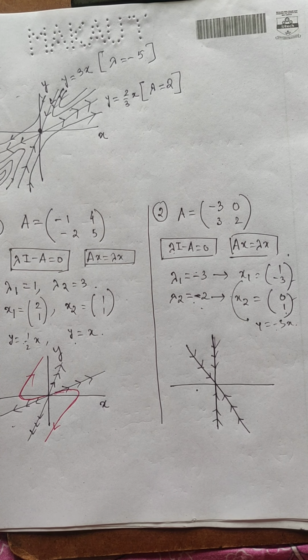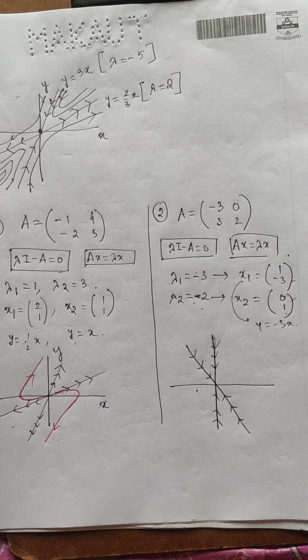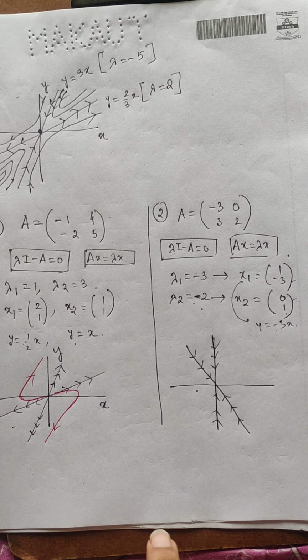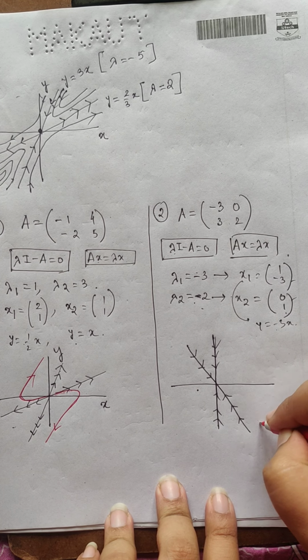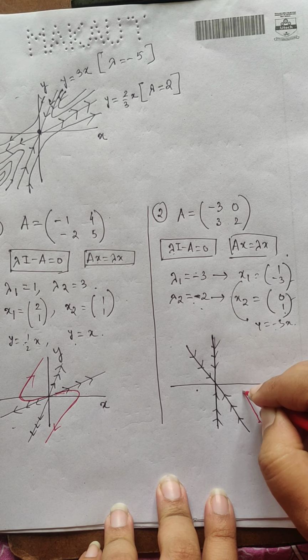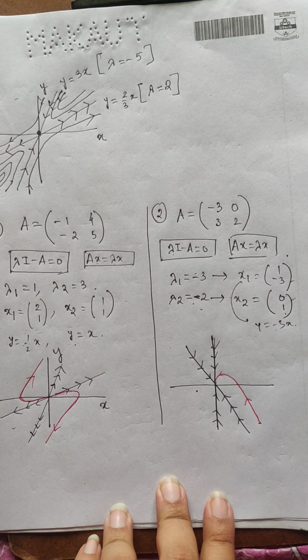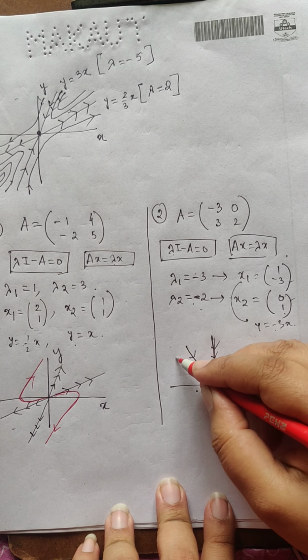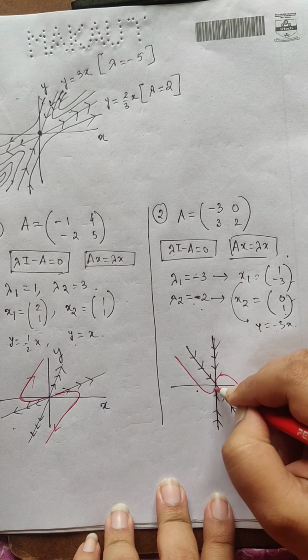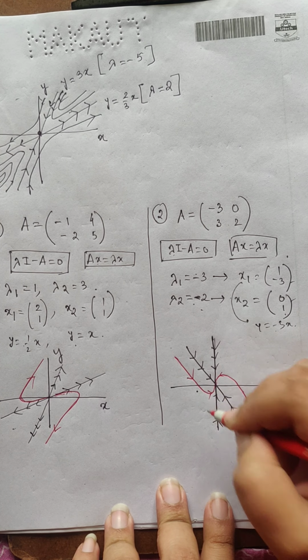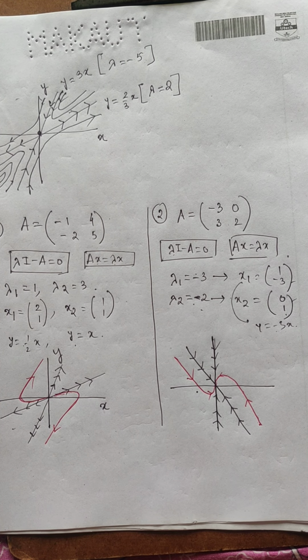So this is my curve. And how will my phase portrait look? Your phase portrait will just look like this. It will start here and the other one, this is your phase portrait.